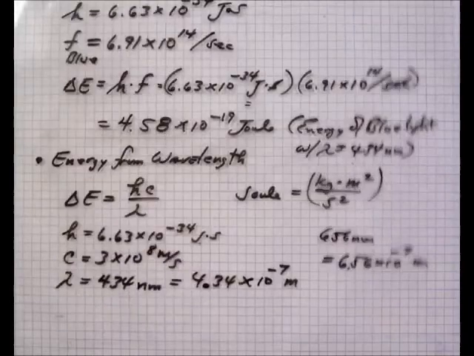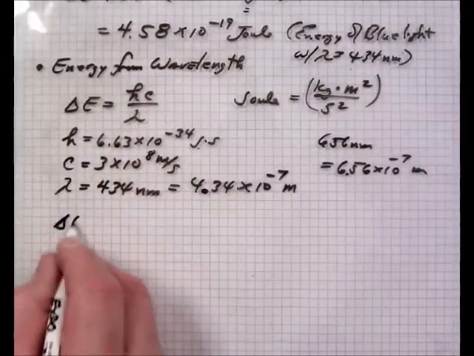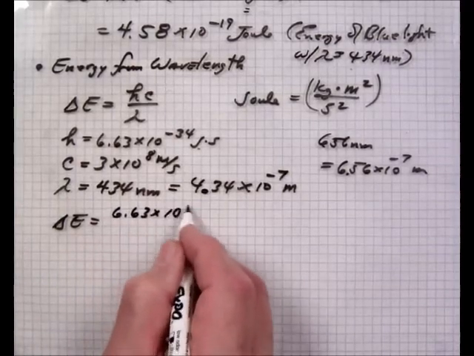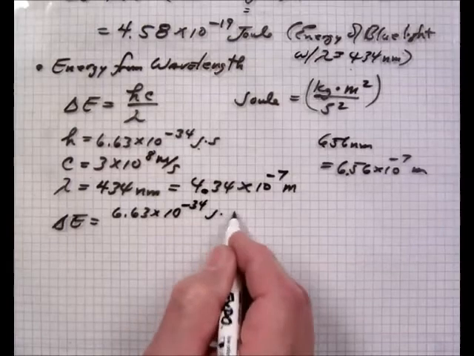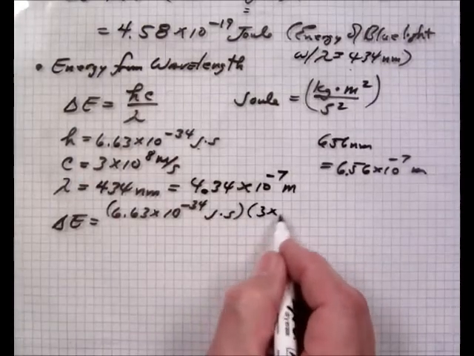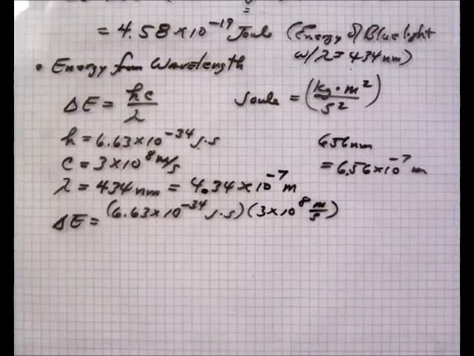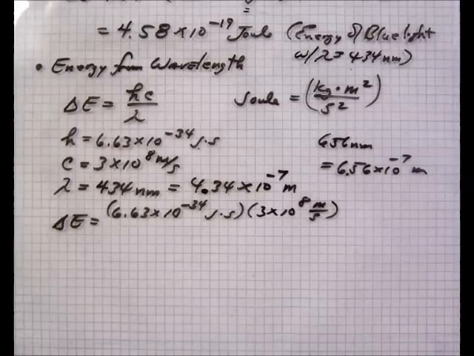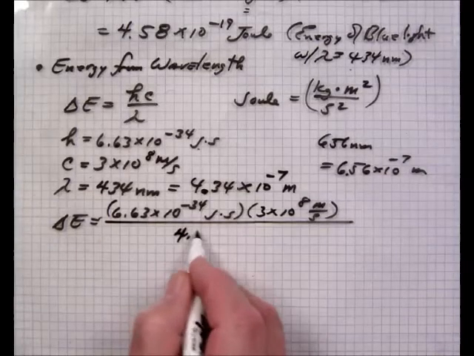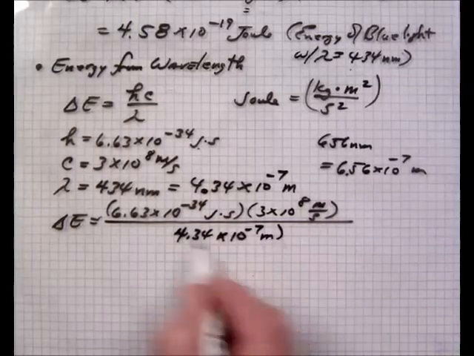Okay, substituting, we get essentially the same net number. Delta E equals 6.63 times 10 to the minus 34 joule seconds, that's your Planck's constant, times 3 times 10 to the 8th meters per second for that one, divided by 4.34 times 10 to the minus 7th of a meter.